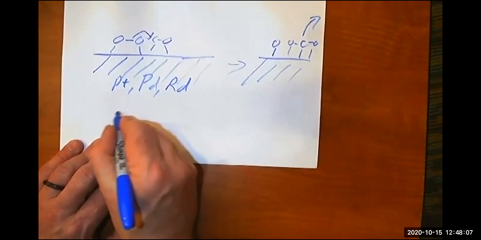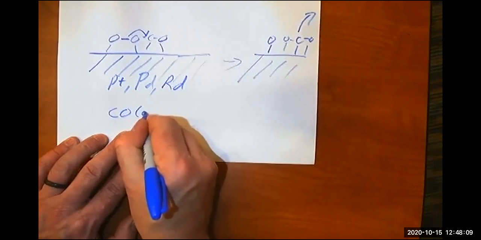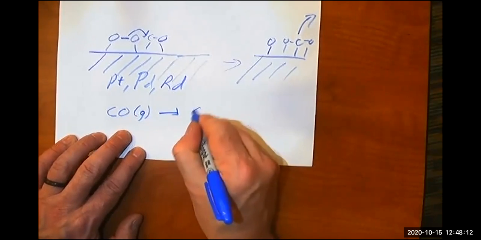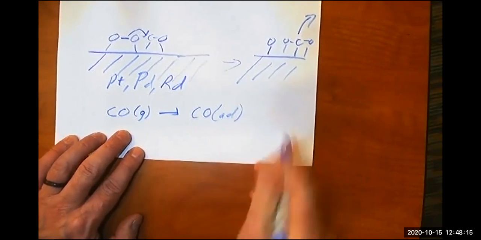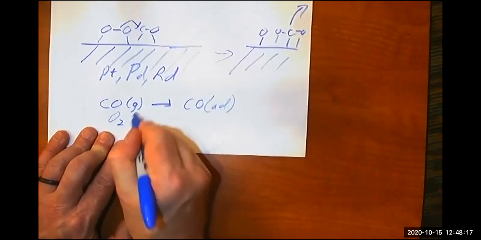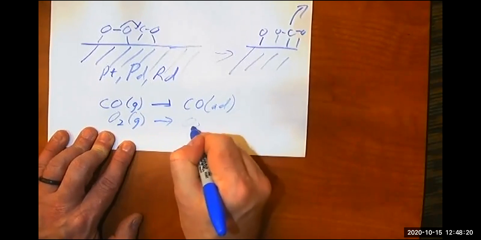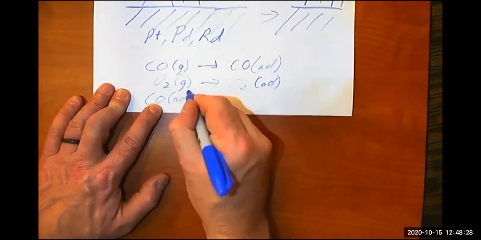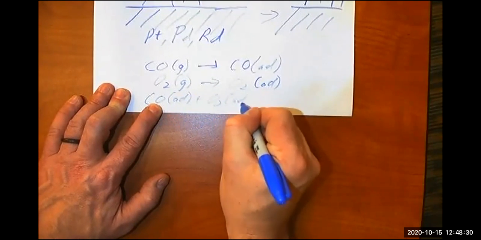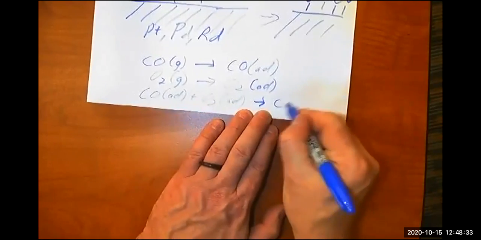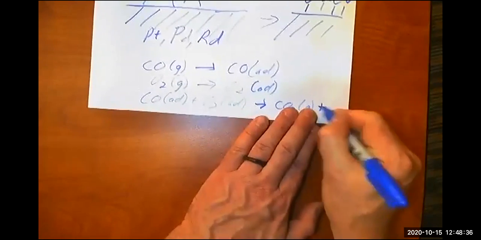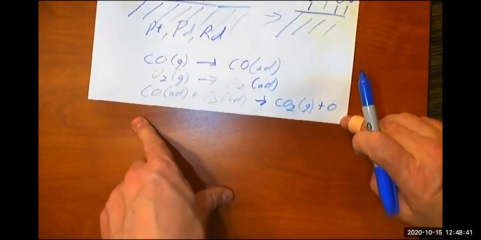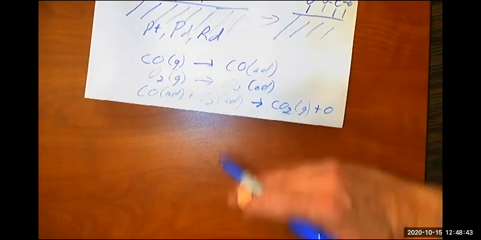We could say that CO gas goes to CO adsorbed. We could say O2 gas goes to O2 adsorbed. We can say CO adsorbed plus O2 adsorbed goes to CO2 gas plus O. And then you could add further steps so that the O reacts with the CO adsorbed and things like that to write out the mechanism.